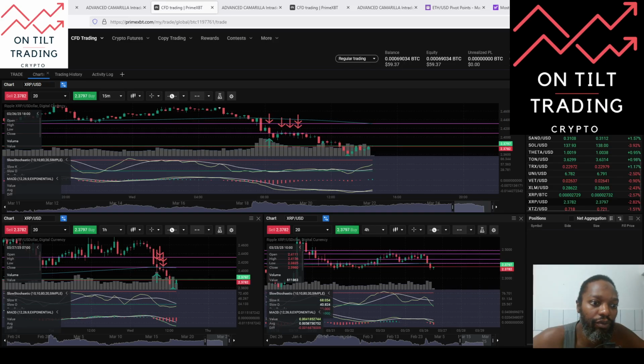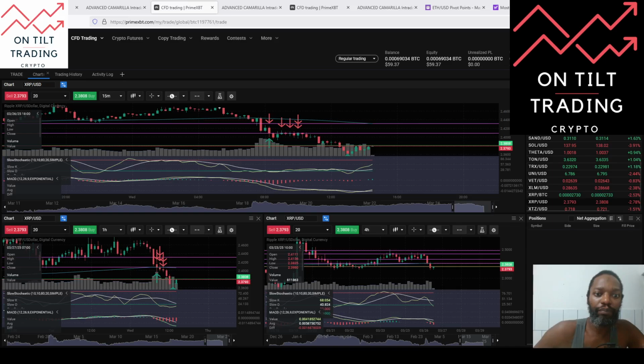We can see Ripple here testing the 200 EMA on the 15 and then selling off below these levels, and selling off below the S4 level. So seeing this below the 200, and based on the Camarilla pivot system, price action below the S4 level would signal a potential short to the S6 level down here.